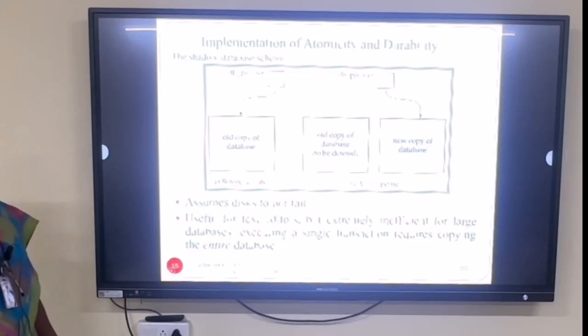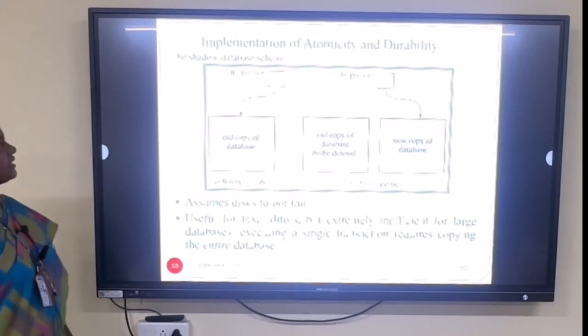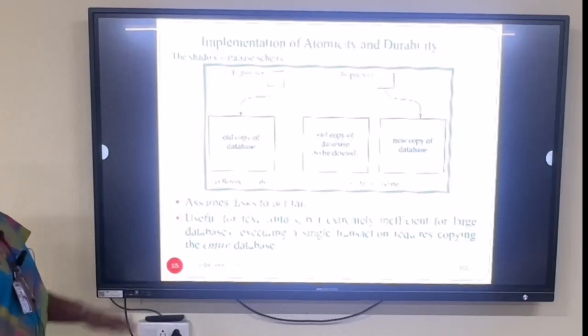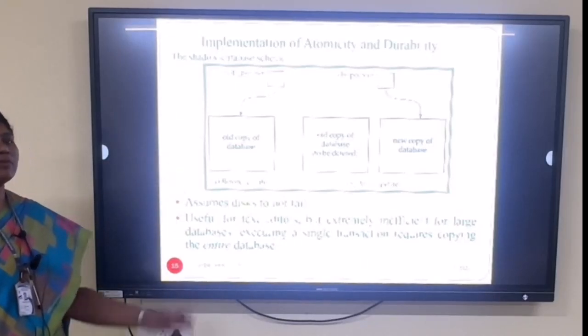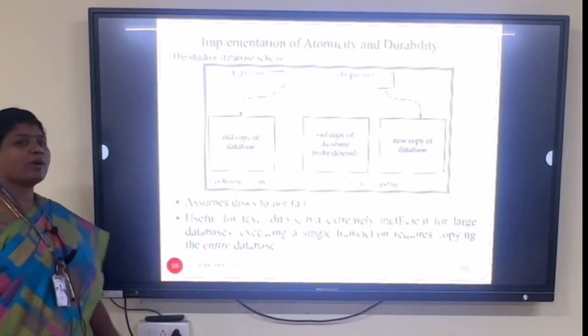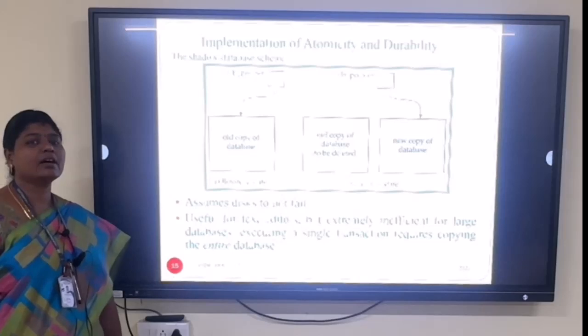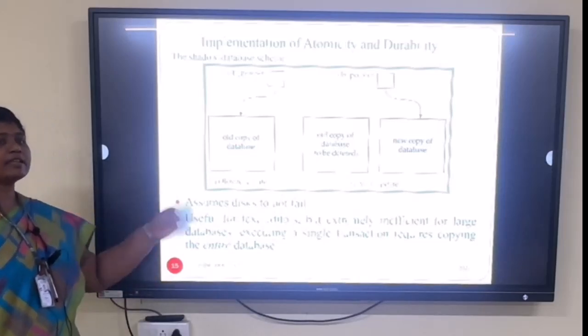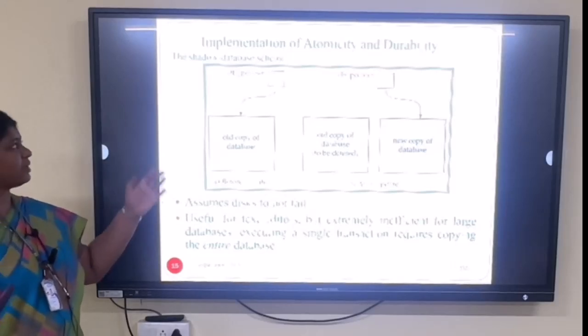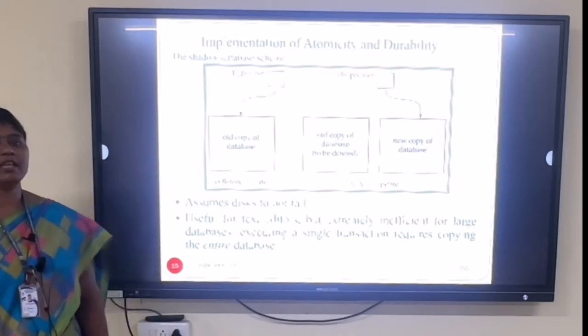So this is the implementation of atomicity and durability. This is the shadow database concept. Previously we had only one copy of the database, but nowadays, in order to have recovery, another shadow copy is created to establish atomicity and durability.